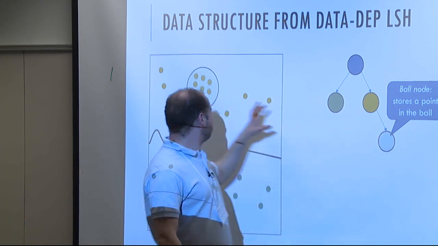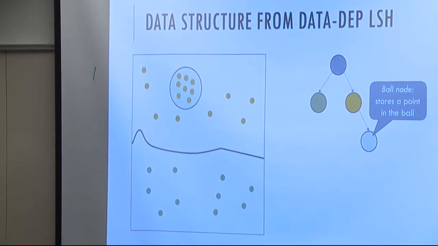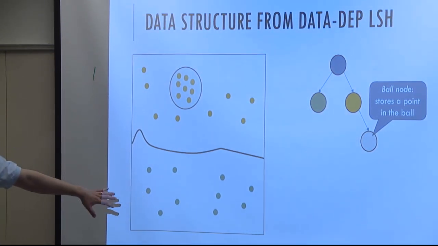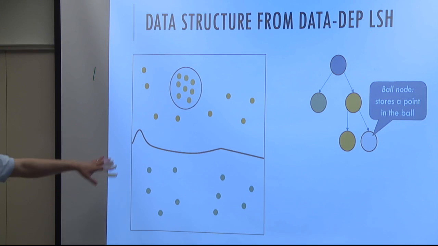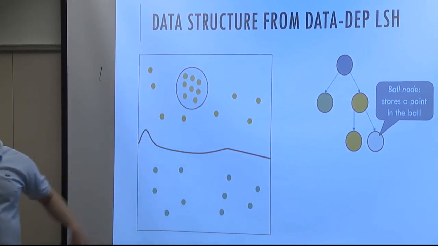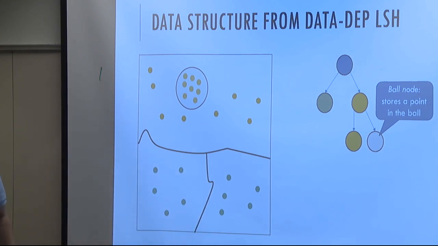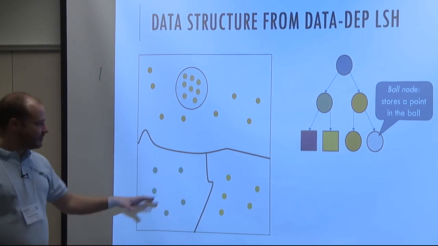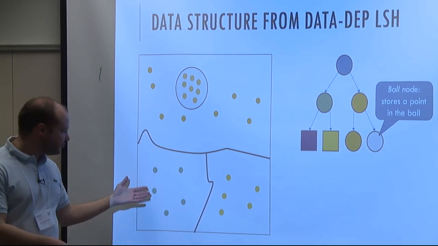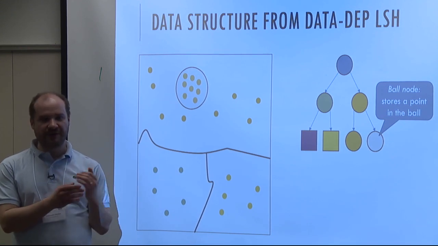It stores 1 point from this dense ball. And then I'll recurse on the rest here. And maybe here this is dispersed and I can partition the same way as before. So here I just recurse on the remaining points. Here I apply my LSH partition to build those 2 nodes. And maybe at some point I get to a part that has only 5 points, and then I can stop and just store the points. So that will be the data structure.